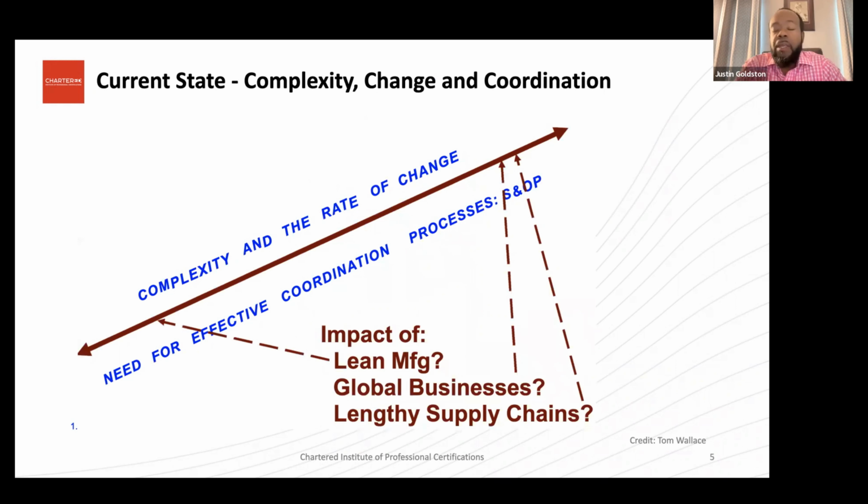So within the current state of supply chain management and forecasting, we can see that with the recent pandemic, pre-pandemic, pre-COVID, that C word, pre-COVID, supply chains and forecasts were already complex, right?